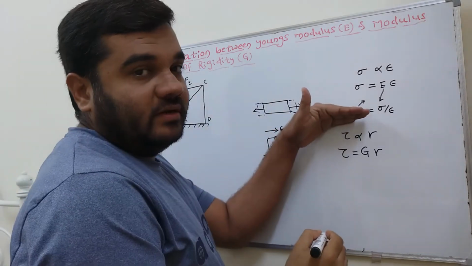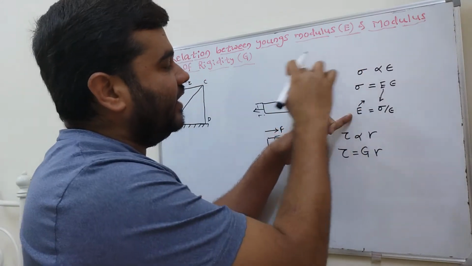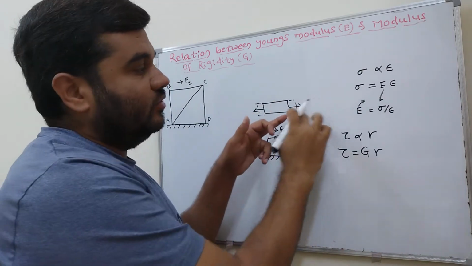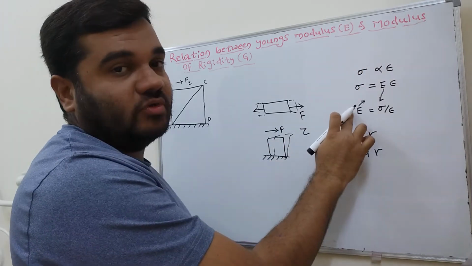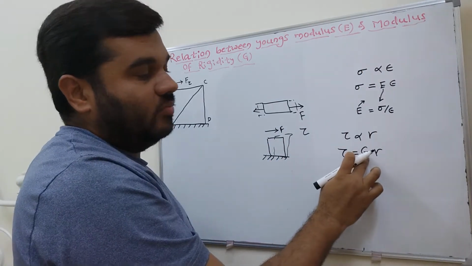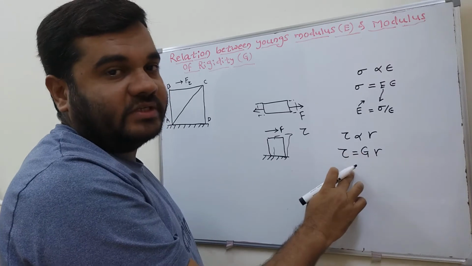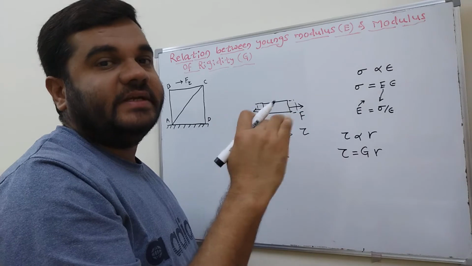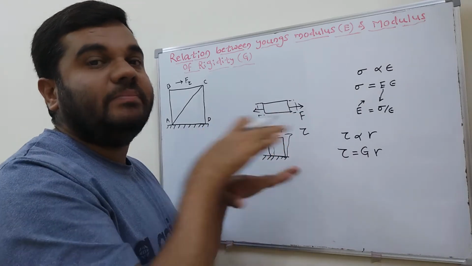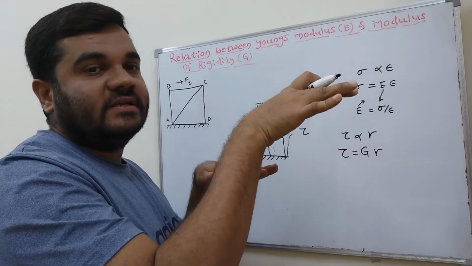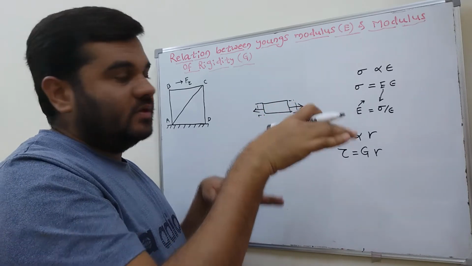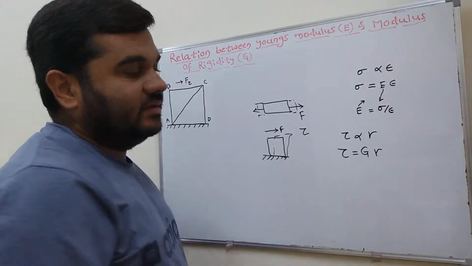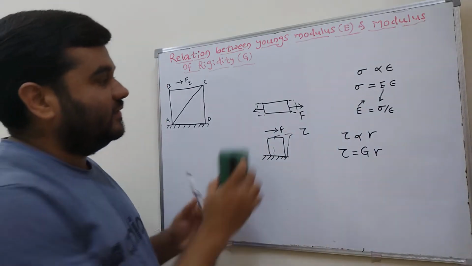So in total, E always comes whenever the body undergoes tensile load or compression load. In that case, you get this constant E, Young's modulus. Whereas G, or modulus of rigidity, comes into the picture whenever a body undergoes shear type of loads, shear stresses, shear loads or slipping loads. One end is fixed, and the other end has the shear load applied.